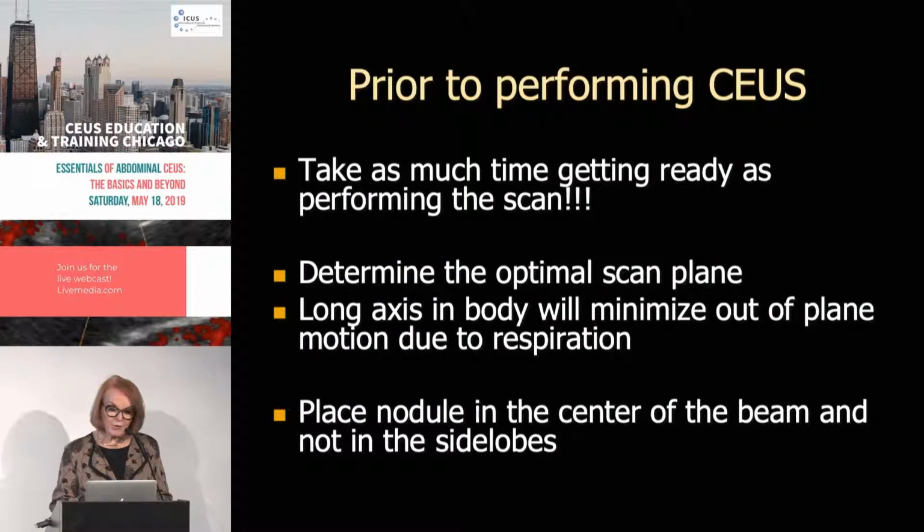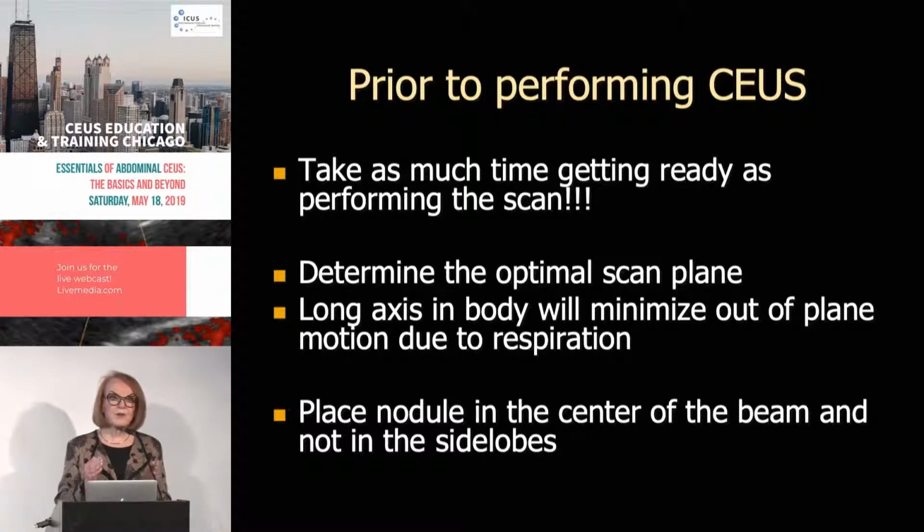Now, prior to performing the scan, you want to take as much time getting ready as you do performing the scan. Determine the optimal scan plane. Long axis minimizes out of motion plane due to respiration. And you want to always place the nodule in the center of your picture.